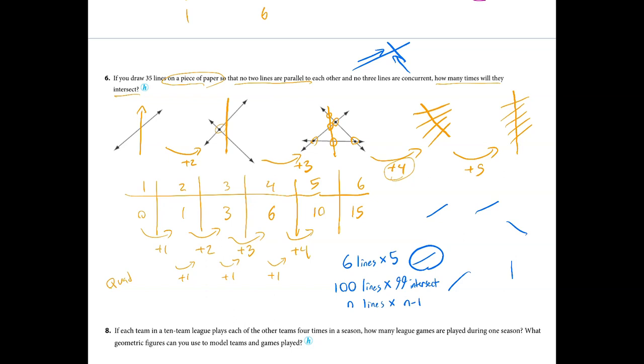We don't count it twice because 2 lines, like, hey, line A hit the other, that's 1. Oh, by the way, line 2 hit that one, so that's 2. No, we just say that's 1 intersection. So wherever 2 lines meet, we get 1 intersection. Wherever lines hit, however many they hit, we don't count them twice, we divide by 2.